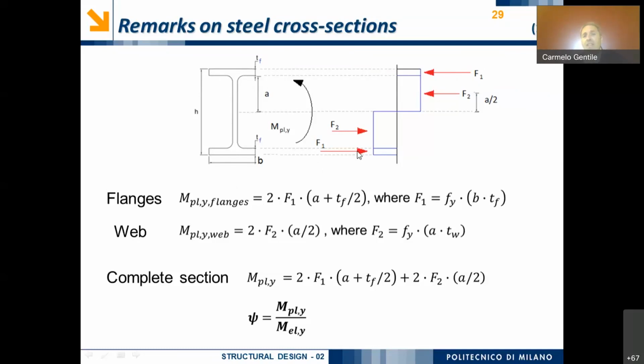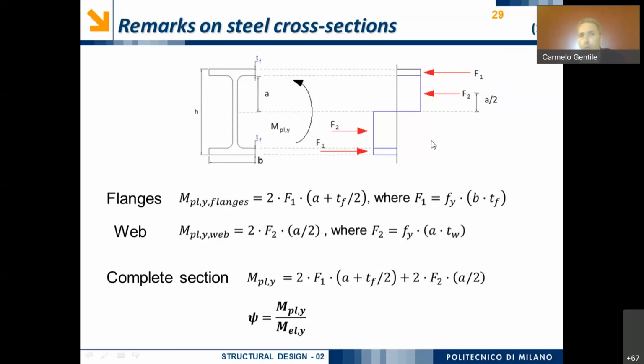And this distance is the total height of the I-beam minus the thickness of one flange. Similarly, if I want the plastic bending moment which is carried by the web, I just have to multiply F2 by the distance between these two forces F2.